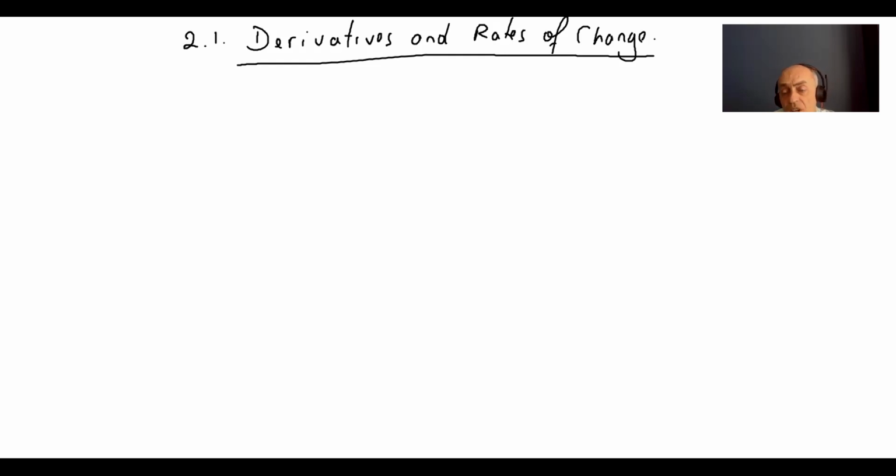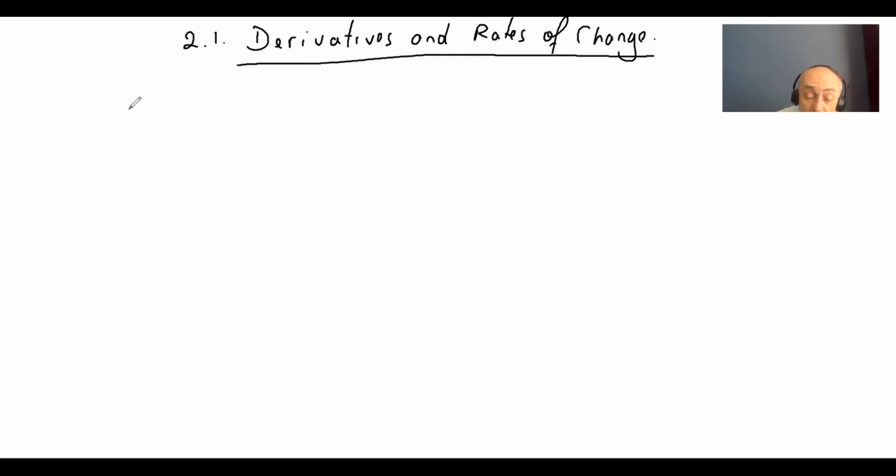And then there's multi-dimensional calculus, which is again limits, derivatives, and integrals, but in several dimensions. So that's a slight difference, but for the time being, let's focus on derivatives.